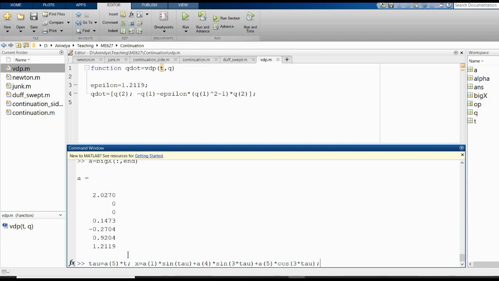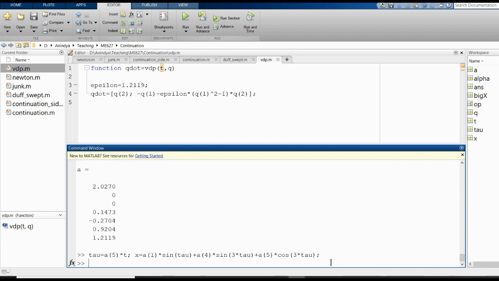This is my harmonic balance approximation. Okay. Omega is already included.